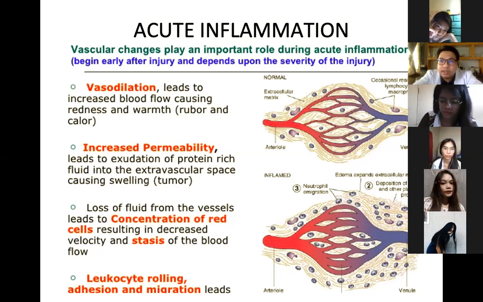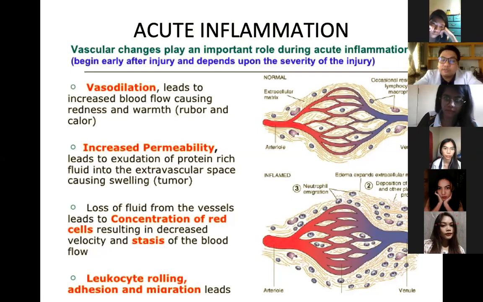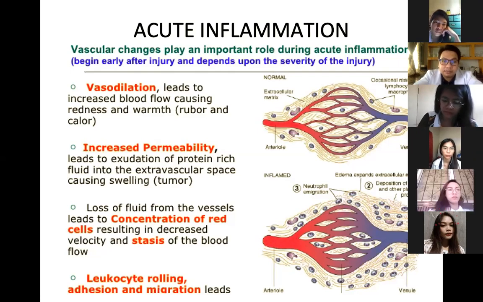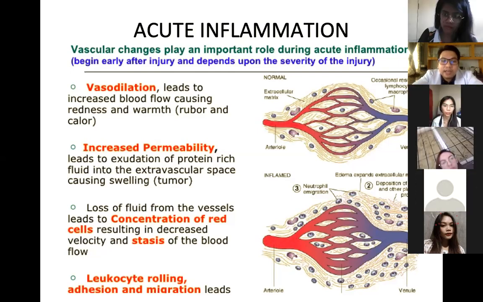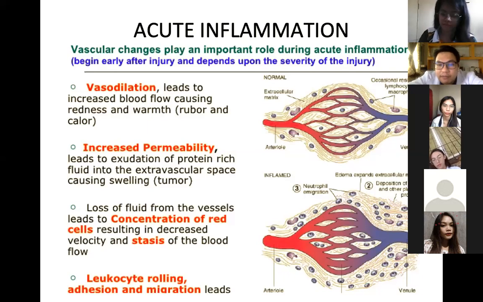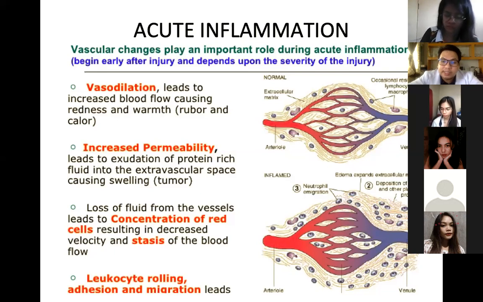So, magkakaroon ng constriction first, and then vasodilation for the blood flow to increase. Okay. Why do we need to increase the blood flow, class? Anyone? Vasodilation, okay. To increase the blood flow for WBCs, okay, and then proteins.